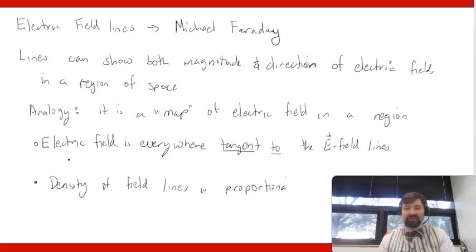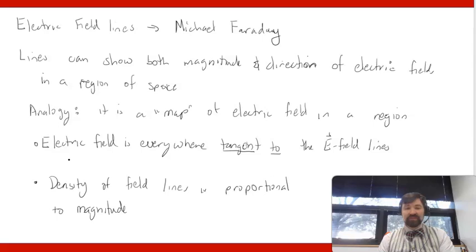If I have a region where there's a lot of field lines, that will have a relatively strong magnitude, whereas a region in which there are relatively few or no field lines will have a weak magnitude.